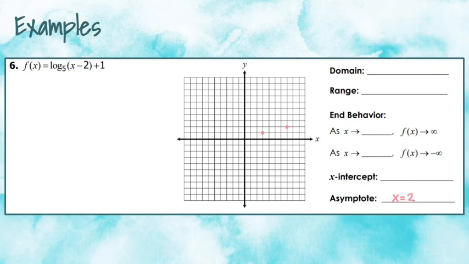And sometimes it is helpful to go in and put that line in there. Okay, so put that line in so that we know where our asymptote is, that way we don't draw our graph incorrectly. So our graph is going to go like this.